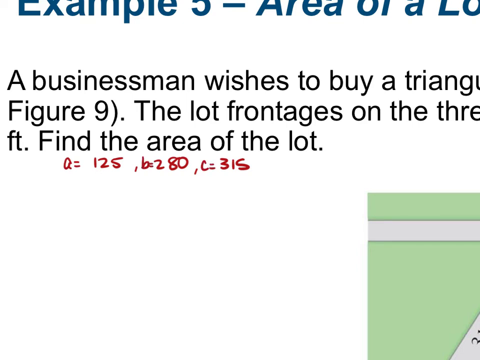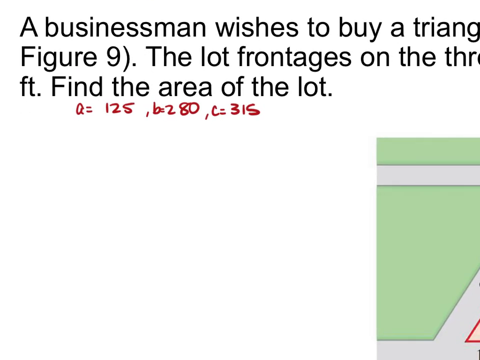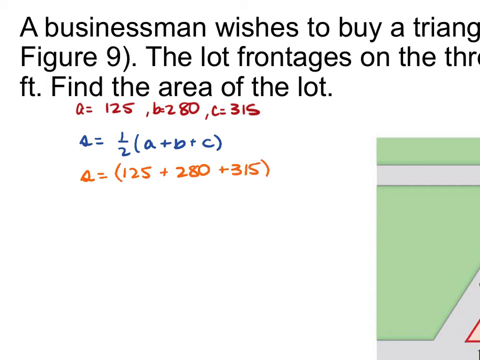It really doesn't matter which one you use as A, B, and C. They're going to be interchanged constantly. So in order to first find S, you're going to take 1/2 the sum of A, B, and C, so the sum of all of those side lengths. So S is equal to 125 plus 280 plus 315, all divided by 2.